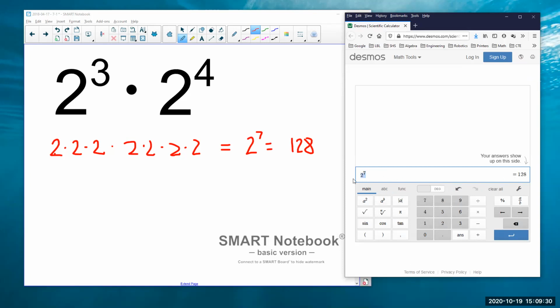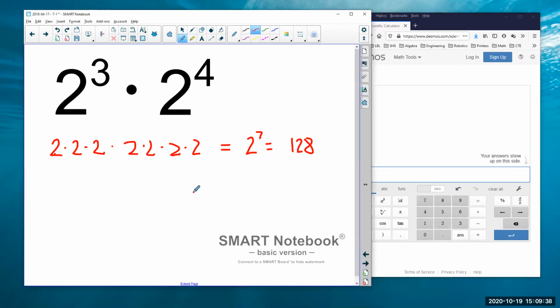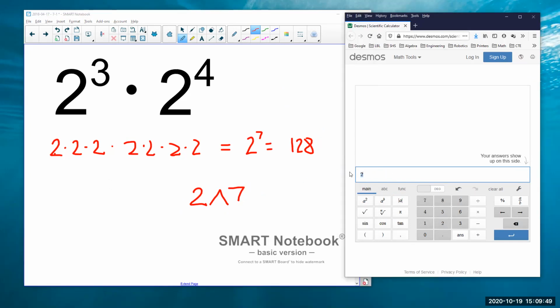All right. If I were going to type that in, I would say 2, and then I'd use the little caret symbol. So the little caret symbol like this. So I would type in 2, and then this symbol right here, and then 7. So that typically means 2, and then this symbol means exponent and 7. So I could actually just type this in from the keyboard.